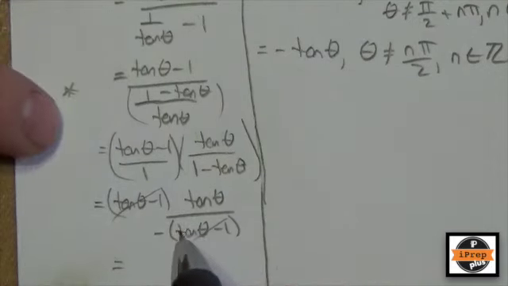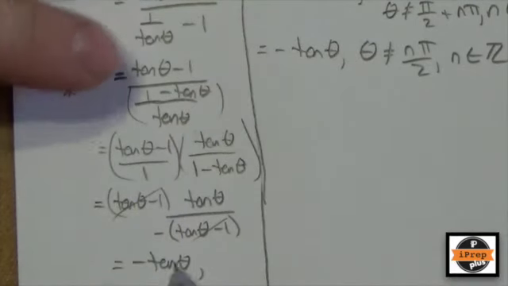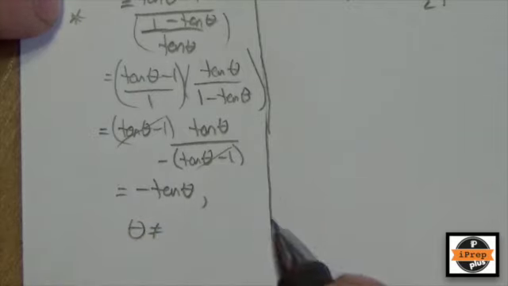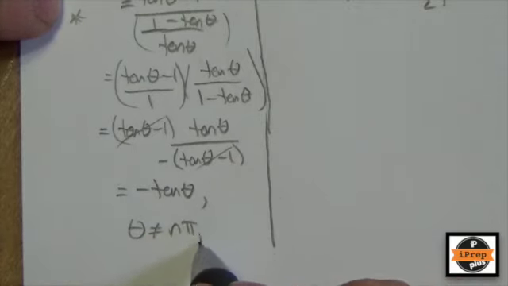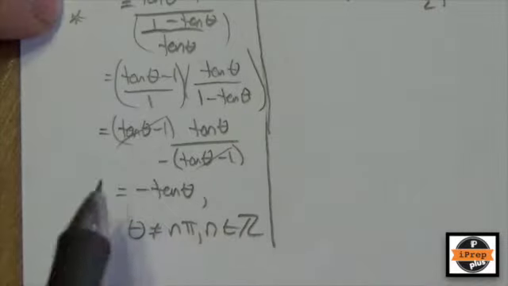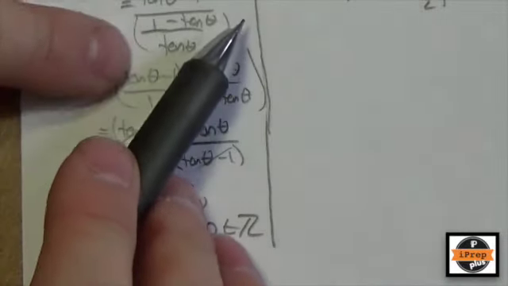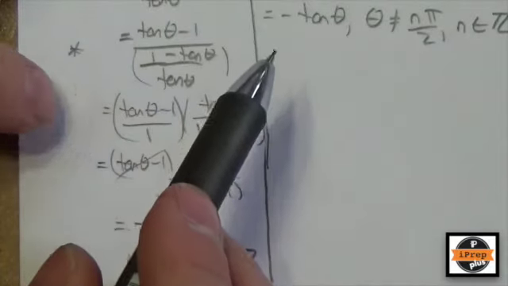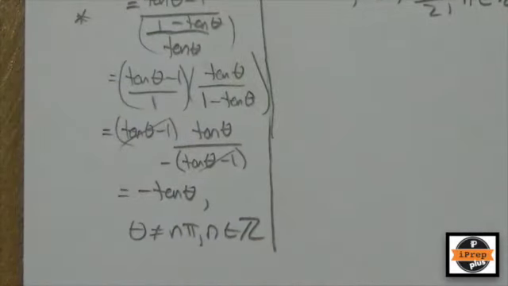And so the final result here is going to be negative tangent of theta, which is perfect. I have this result here because of up here. I can say that theta cannot equal n pi, where n is an element of the integers, because as soon as I multiply by the reciprocal, I've moved that denominator up. So I've gotten rid of that non-permissible, so I have to state that.